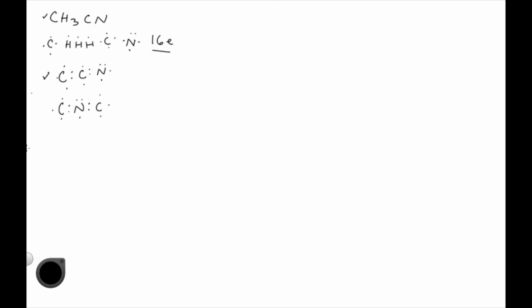The condensed structure suggests that there is a CH3 group connected to a carbon in the middle, which is connected to a nitrogen on the end. So it makes more sense to draw it this way as opposed to this way, right? Connecting the atoms this way makes more sense than this way based on the condensed structure, right? So let's get rid of this.